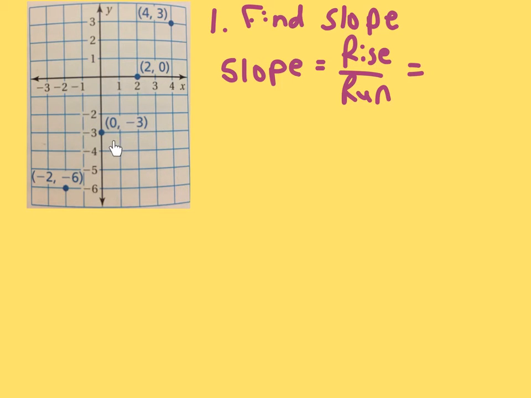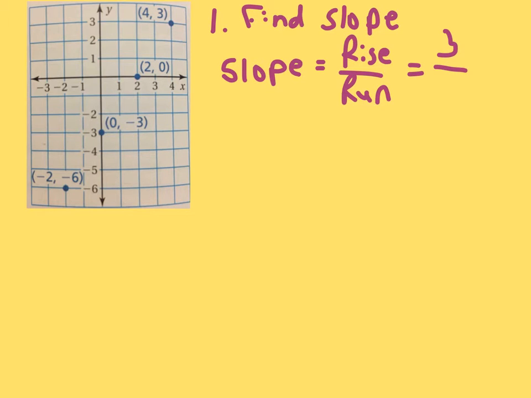From this point, (0, -3), what is my rise? How many do I have to go up to get level with the point (2, 0)? I have to go up 1, 2, 3. So the rise portion of my slope is 3.